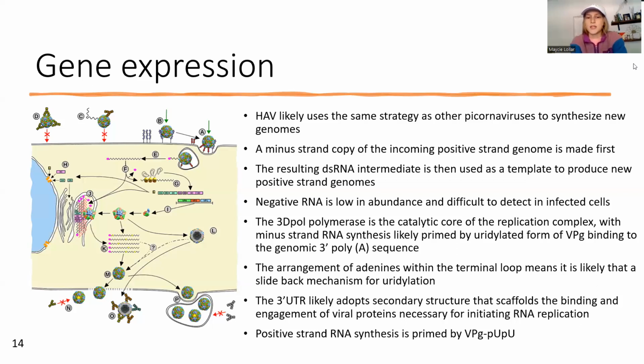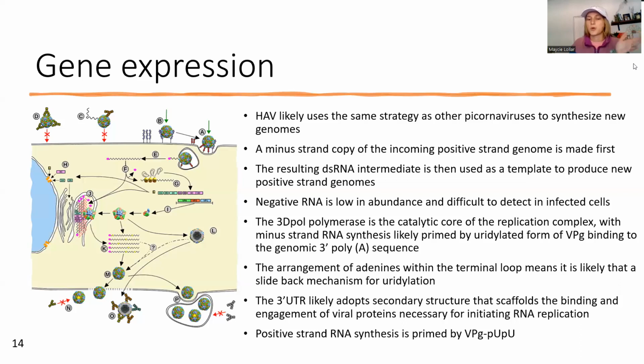So the 3D polymerase is the catalytic core of the replication complex, with the minus strand RNA synthesis likely primed by the uridylated form of the VPg binding to the genomic 3' poly A sequence. And the arrangement of the adenines within the terminal loop means that there is likely a slide-back mechanism for the uridylation.